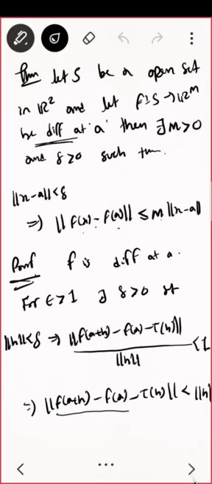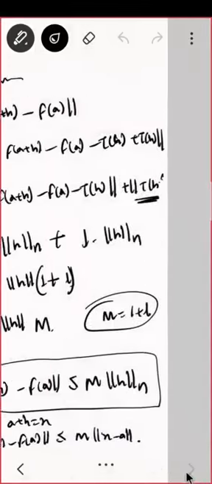Next thing, after this, was the chain rule for vector fields. Chain rule for vector valued functions. What is the chain rule? Let us write the statement first.